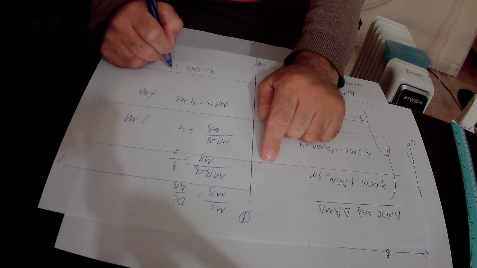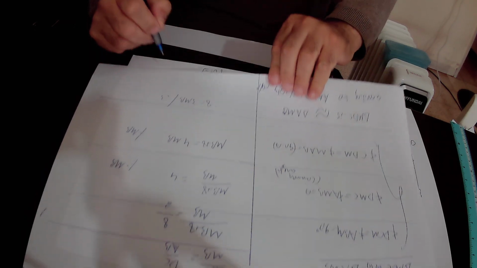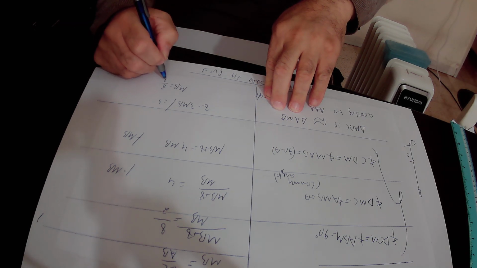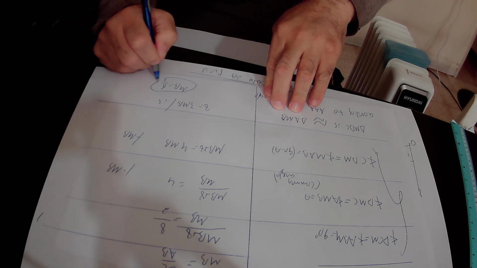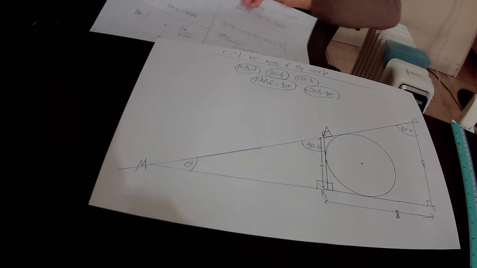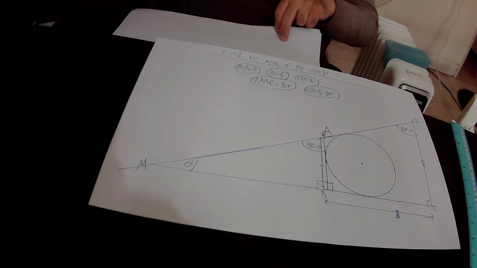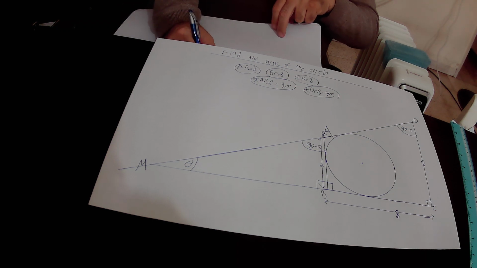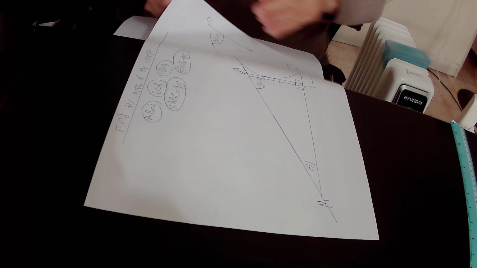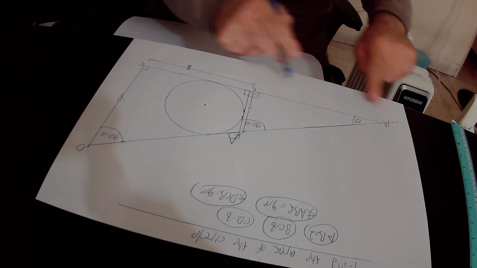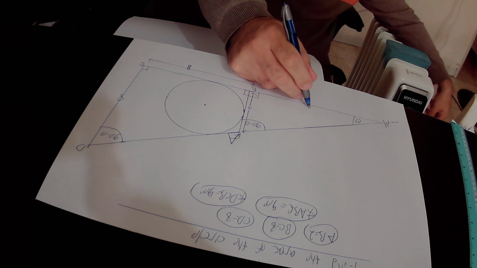We divide this equation by 3 and finally we get that MB equals 8 over 3 units in its length. So here the length of side MB, or line segment MB, equals 8 over 3 units.